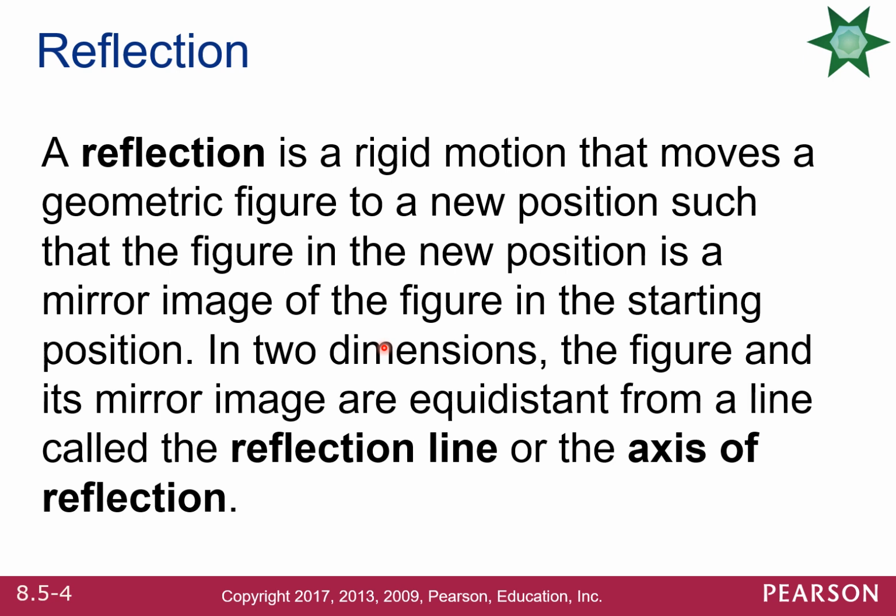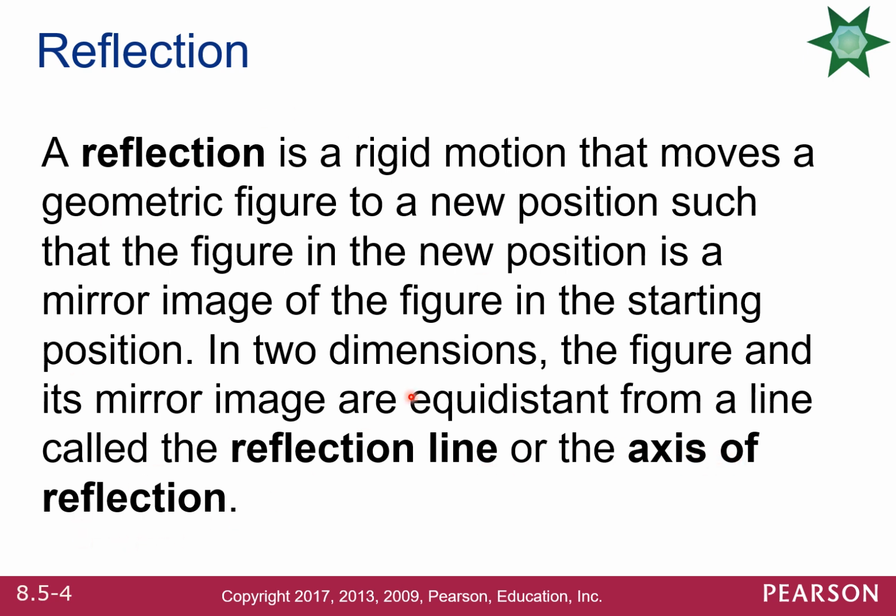If you are looking down at clear water, you can see your reflection across the surface of the water, correct? And that surface, whether it's that of the mirror or across the surface of a lake, is called the reflection line or the axis of reflection.